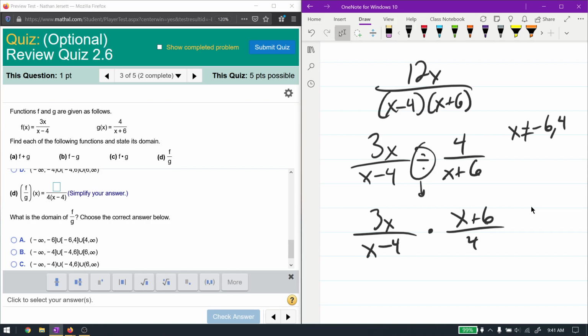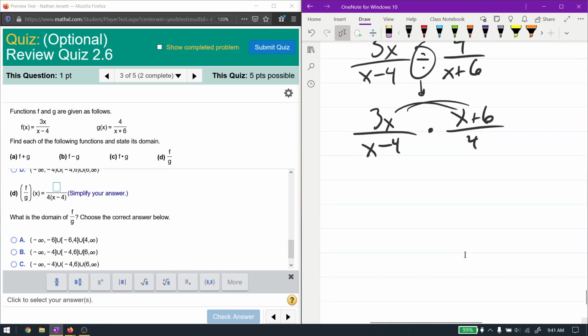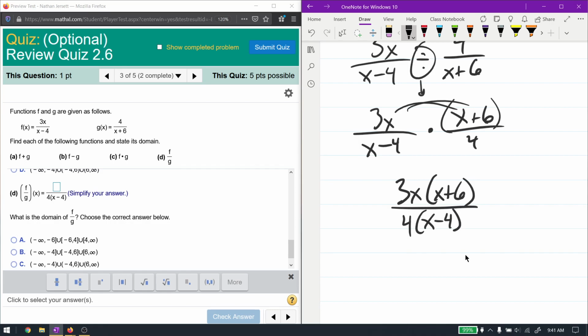And now we can multiply the numerators. I'm not going to distribute. Actually, I'm going to leave it factored. That's going to give me 3x(x plus 6). You always want to leave it factored when you're doing this because that's going to let you cancel things. And as you can see here, there's nothing that needs to cancel.